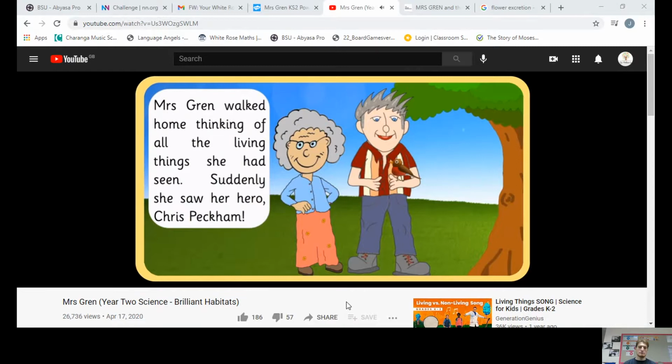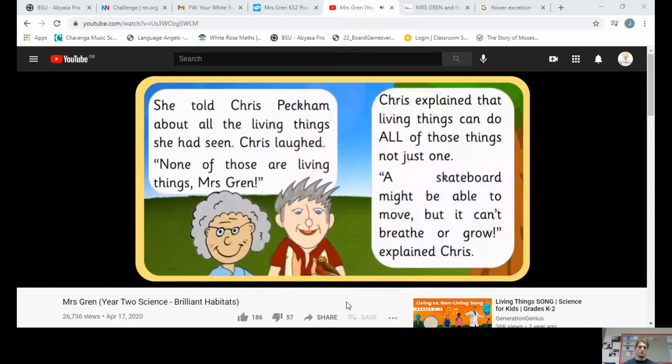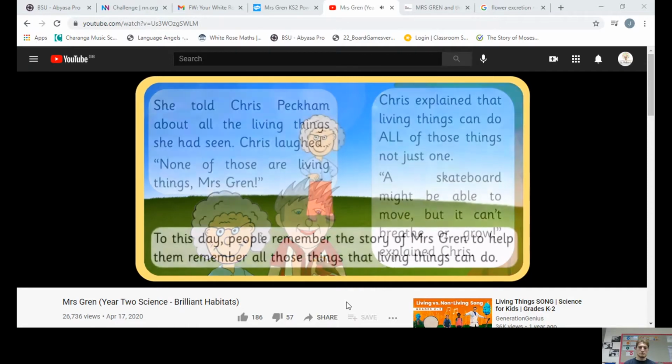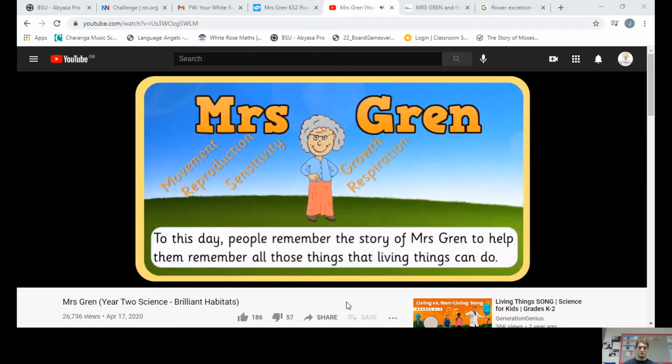She told Chris Peckham about all the living things she had seen. Chris laughed. None of those are living things, Mrs. Gren. Chris explained that living things can do all those things, not just one. A skateboard might be able to move, but it can't breathe or grow, explained Chris. To this day, people remember the story of Mrs. Gren to help them remember all those things that living things can do.